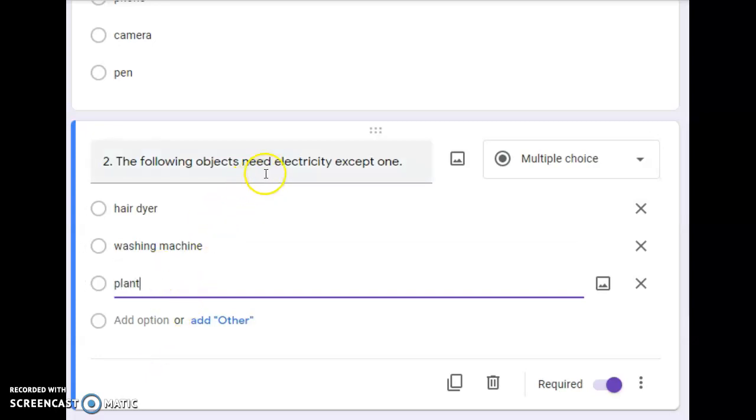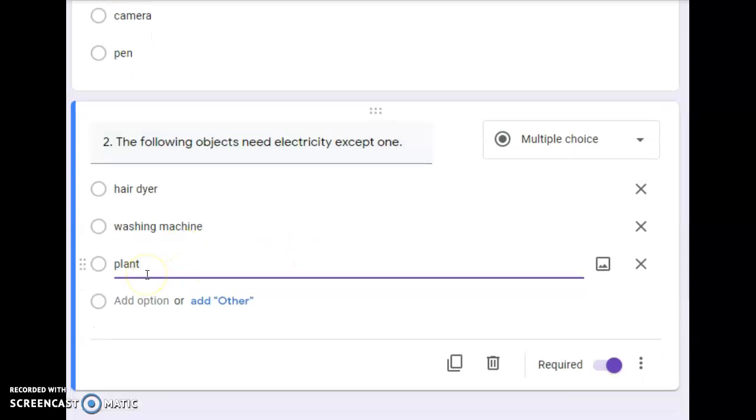So the following objects need electricity except 1. So hair dryer needs electricity, yes. Washing machine needs electricity, yes. Does plant need electricity? No. So the 2, hair dryer and the washing machine, need electricity, and plant does not need electricity.